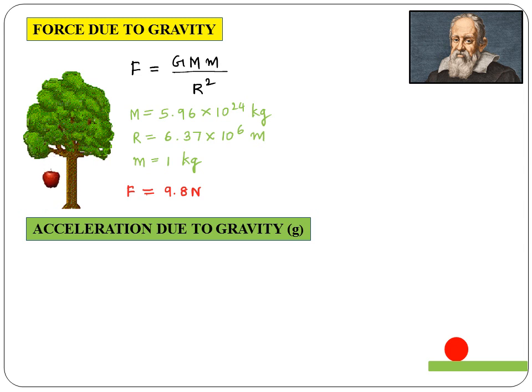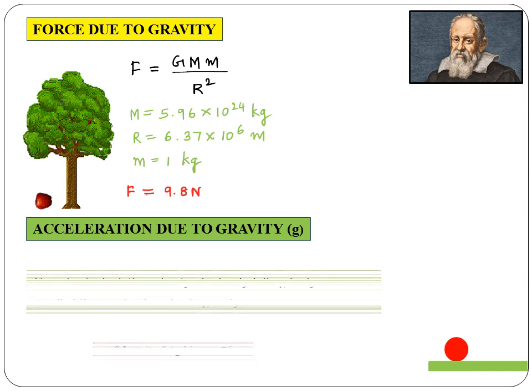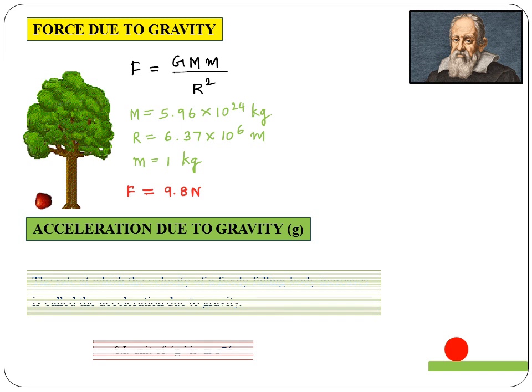So we have the motion of a freely falling body, that is a body under the influence of the force of gravity. The motion of a freely falling body is a uniformly accelerated motion, and this acceleration is the same for all bodies.